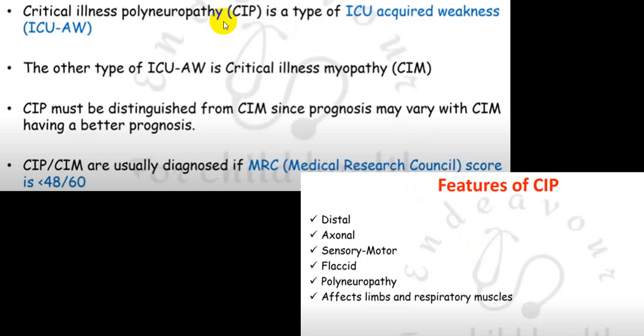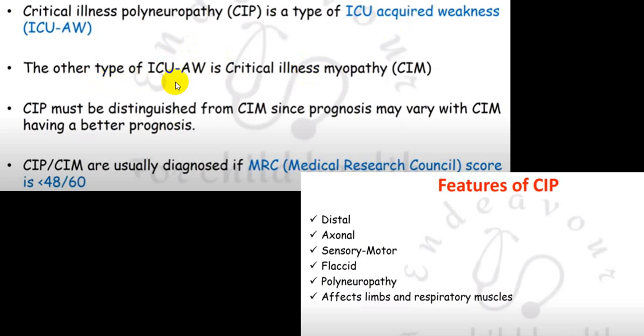Again, critical illness polyneuropathy is a variety which you will see very frequently in an ICU. We call it ICU acquired weakness. So very frequently a person is admitted to the ICU, and on the second or third day you start having some sensory symptoms, and the person starts developing a critical illness polyneuropathy.